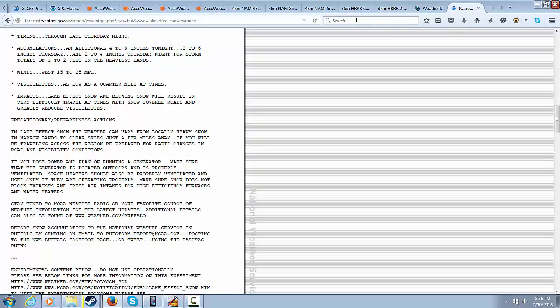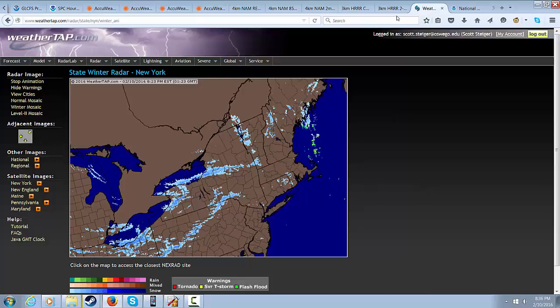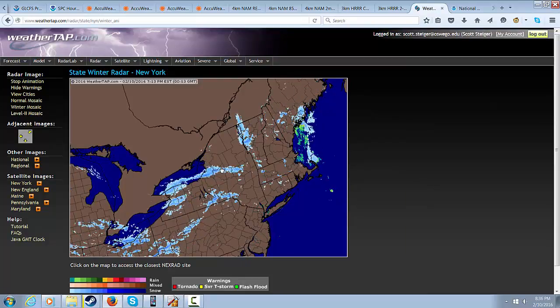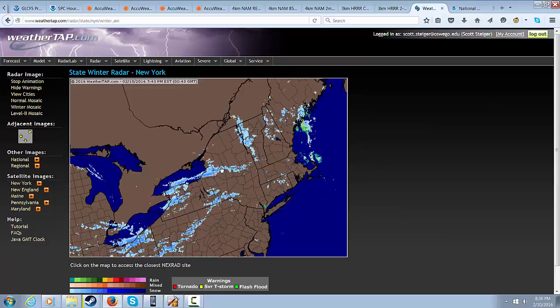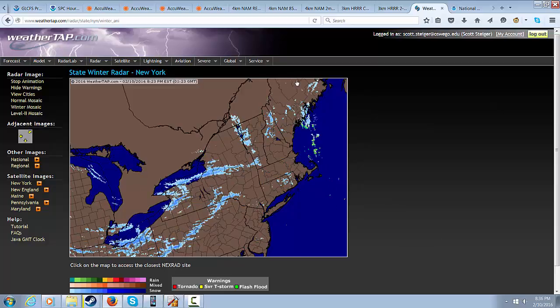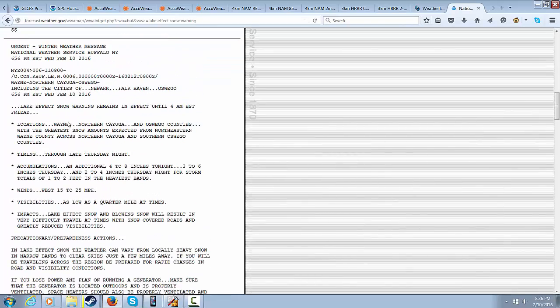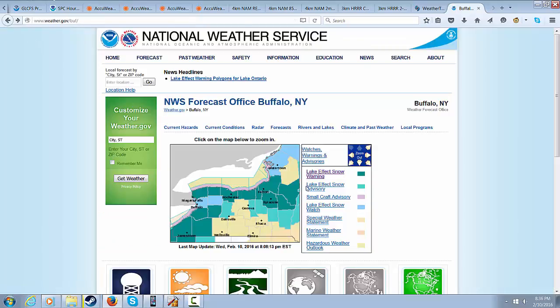But usually I would say in Oswego City here, I'm thinking maybe 10 to 14 inches or so plus. But we shall see. So, I don't advise travel. If you're on the roads, stay off the roads because it's not looking pretty. Again, the National Weather Service has widespread lake effect snow warnings and advisories throughout much of the central and western New York region.